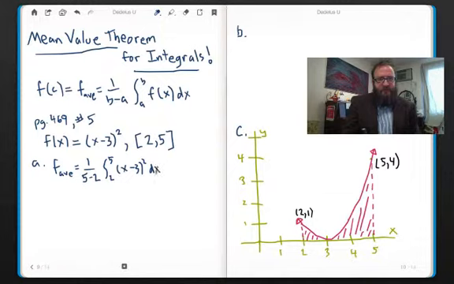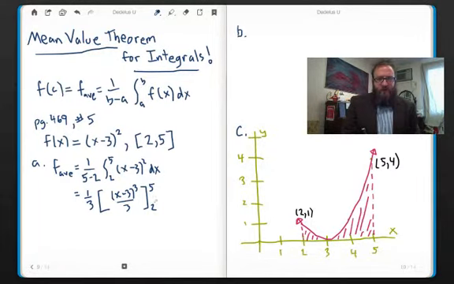Don't forget your infinitesimal. So that's equal to 1/3 times, well, the integral of (x minus 3) squared is, of course, (x minus 3) to the one higher power, that's to the 3rd, over that number 3. And we're going to evaluate this from 2 to 5.